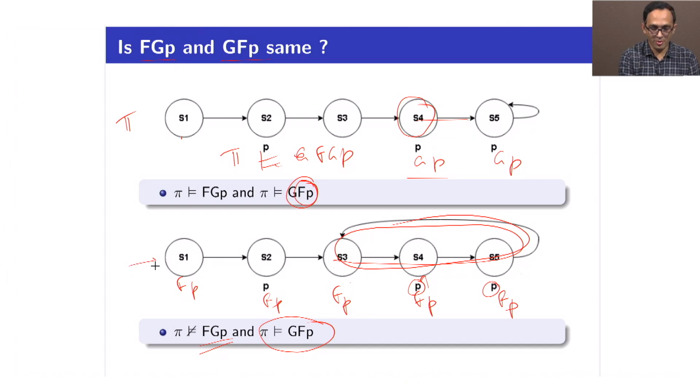So in this path pi, F G p does not hold. Understood? This is very important: the difference between future globally and globally future. Eventually something will definitely happen, this is F G p, and G F p is infinitely often. So this is happening infinitely often.